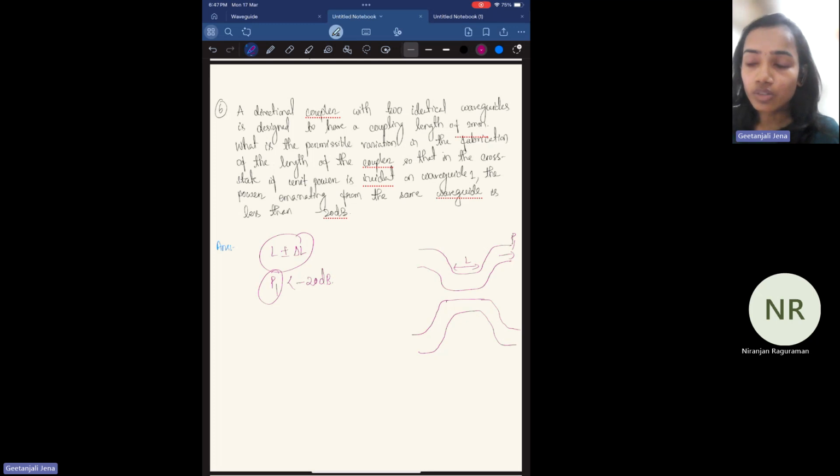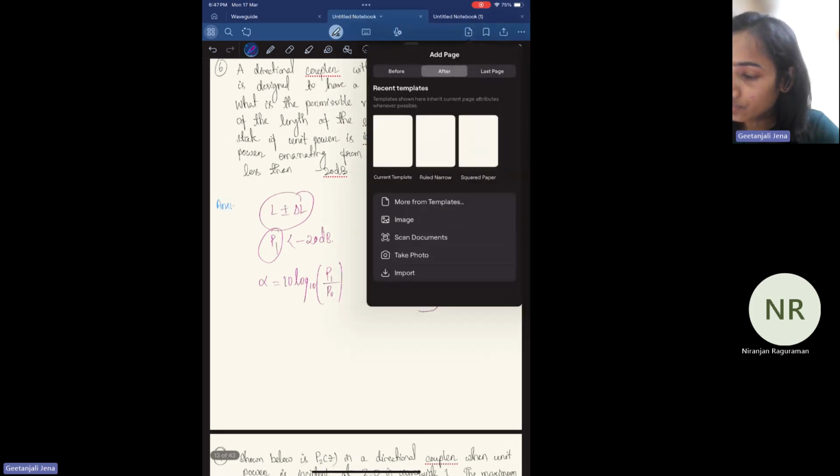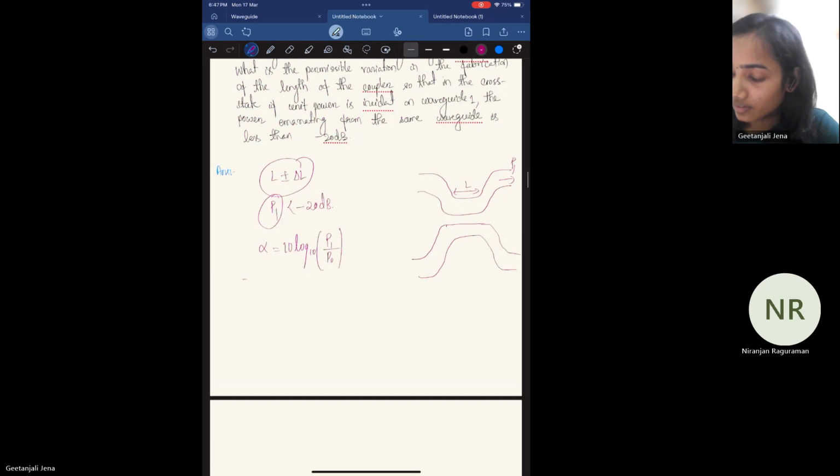Linear means, if you recall, alpha is given by 10 log 10 P1 by P0, P out by P in, right? And alpha is already given, which is minus 20 dB.